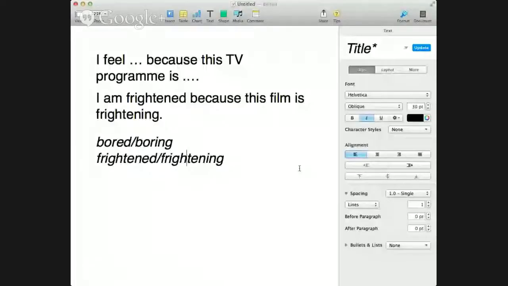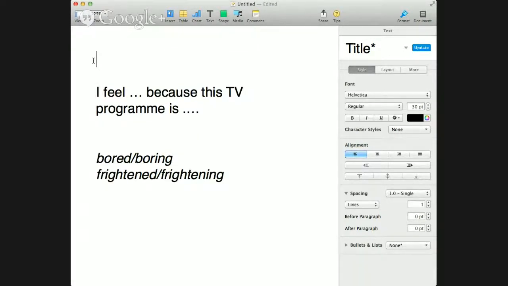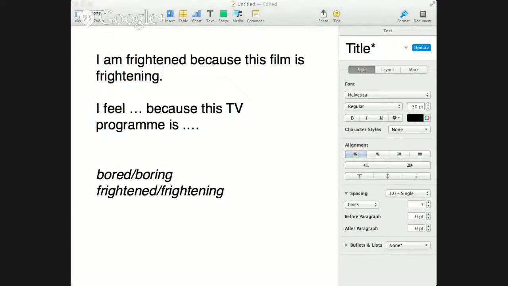So let me do a screen share. What we're going to do is go through a couple of examples and talk about the rules so that you guys can understand this. So what we have here, first of all, is an example. So the first one's got the words missing. The second one we're going to look at first, so I'm going to put it at the top. So let's see, Alberto, could you read out this sentence for us, please?